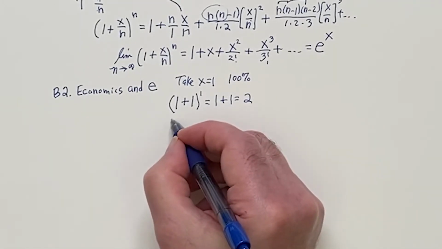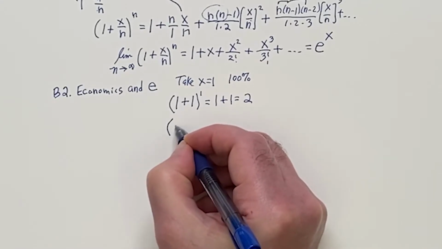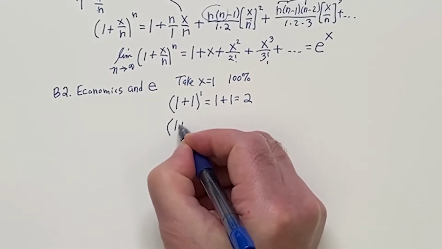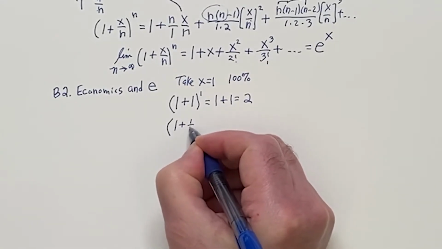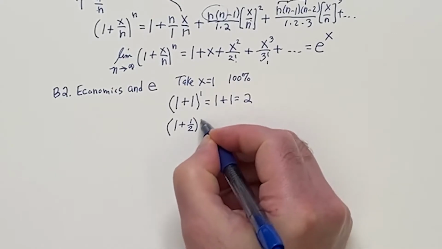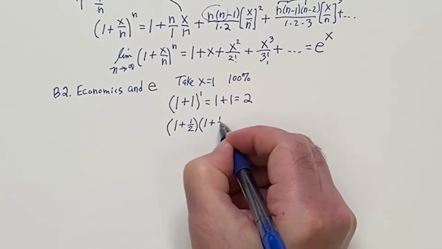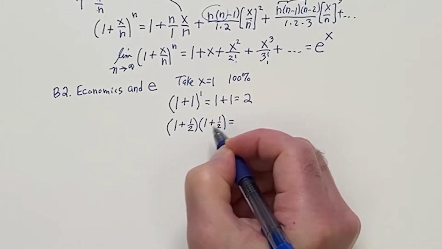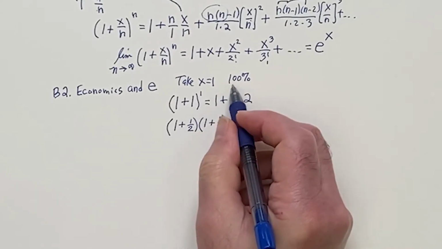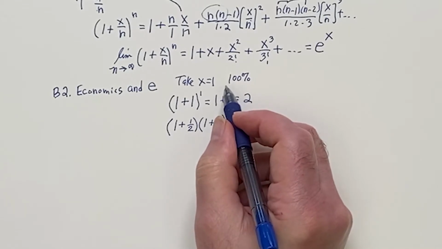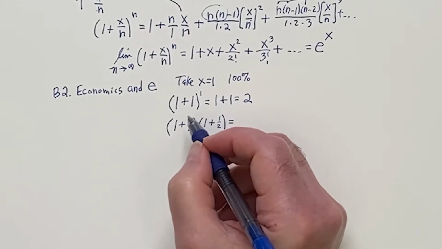But now suppose it's compounded every 6 months. So that means in half a year, you would get half your money. But this is a good deal because this is interest on interest. Watch this. But it's basically a similar idea. Instead of giving you the 100% over the year, we'll give you 50% for 6 months and 50% for the next 6 months.